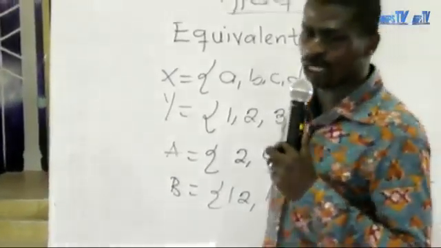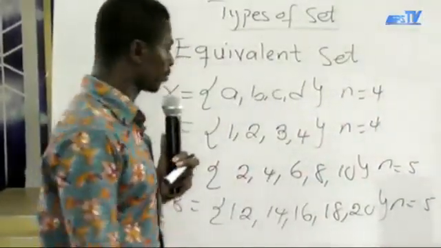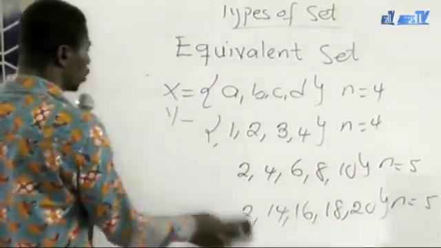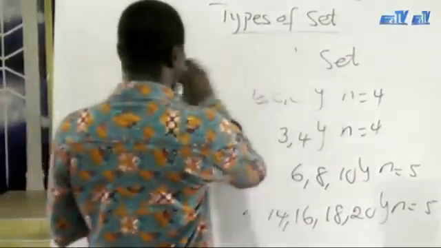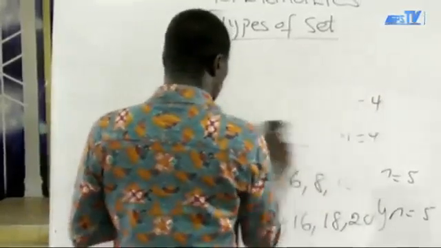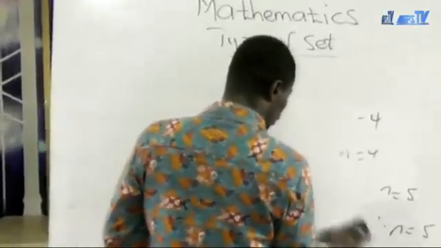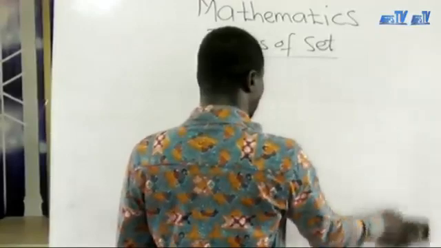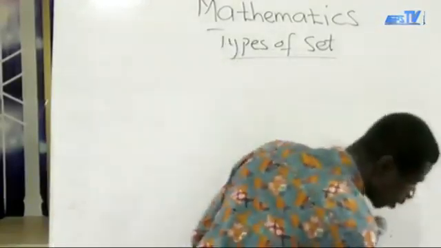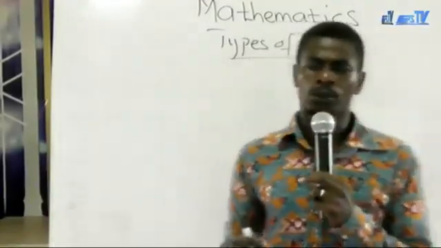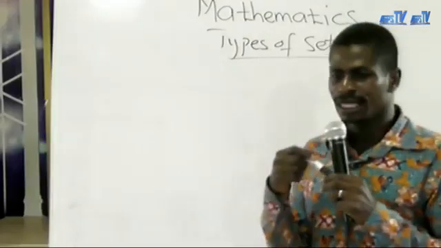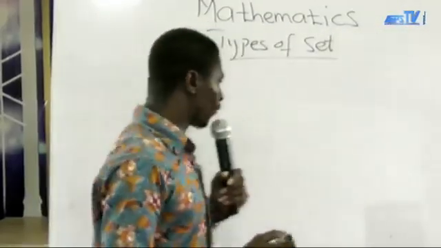Now, I want to talk about a union set. Sorry, I have already talked about union set. I want to talk about universal set. When we talk about universal set, let us have 3 sets.